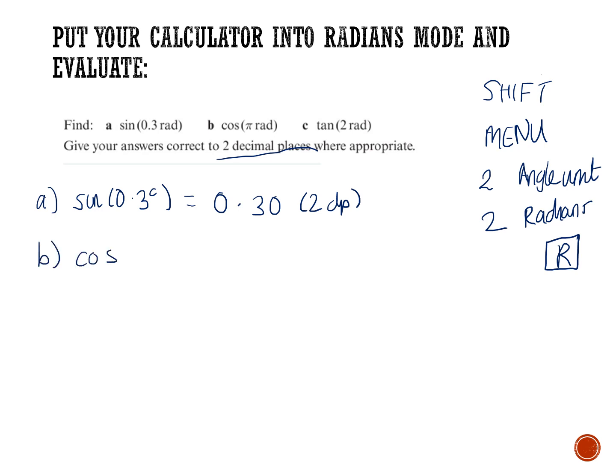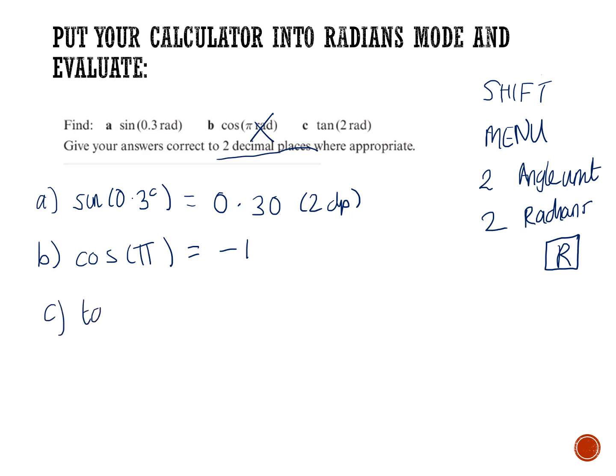Right, the next one, cos of pi. I wouldn't expect the question to have rad written there. I would just expect it to say cos of pi. So when you type in pi, use the pi button. That's Shift and the times 10 to the x. Pi is 180, so if you remember what the graph looks like, cos of 180 gives you -1, and that's what comes up.